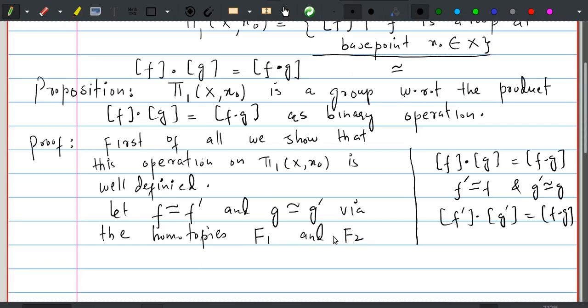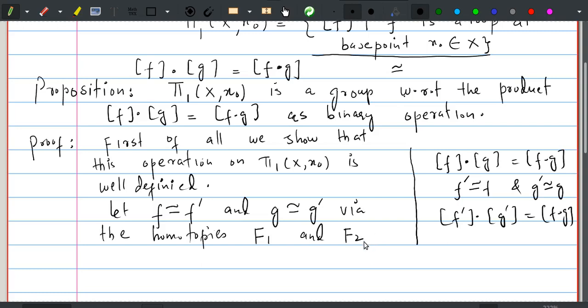So F1 is the homotopy between these two maps, and F2 is the homotopy between these two maps.